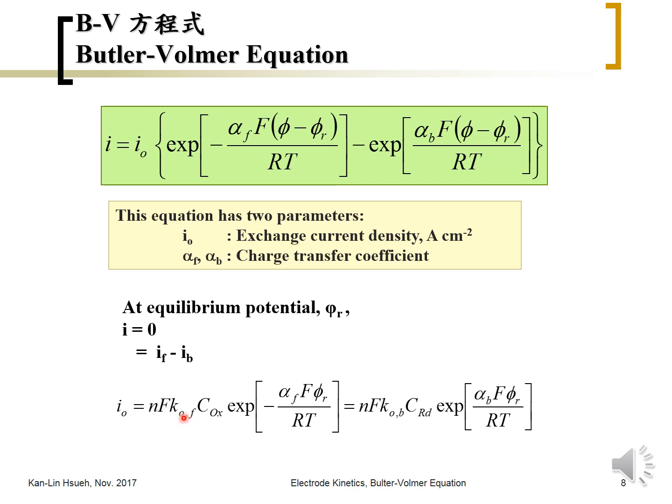So with this substitution, the Butler-Volmer equation can be further simplified into this equation, and the exchange current density and the charge transfer coefficient will be two major parameters. The physical significance of these two: the I0 actually relates to the concentration of the reactant. And over here, I didn't put it in, also the true surface area of the electrode.